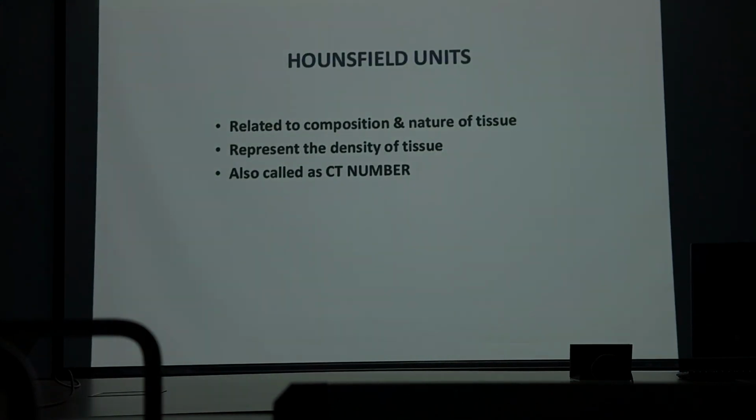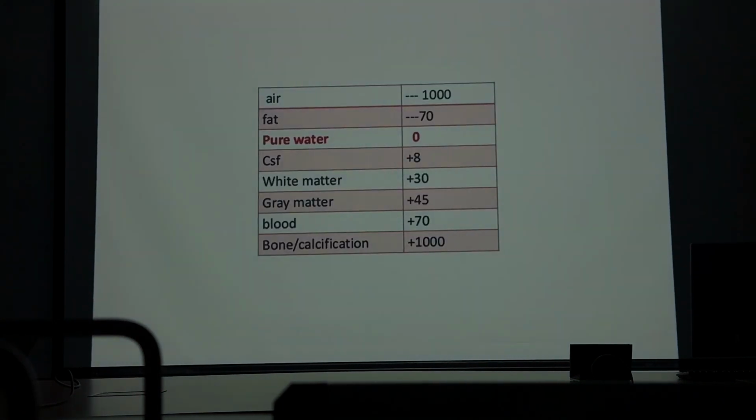Hounsfield unit is related to the composition and nature of the tissue, and it is represented as the CT number as a terminology. And we'll give you some examples of the CT numbers encountered in brain CT scan. Fat is in the minus 70 range, air is at the bottom of the range, approaching minus 1000.